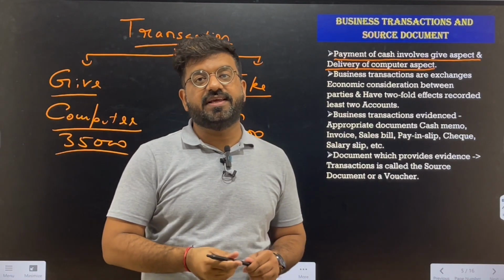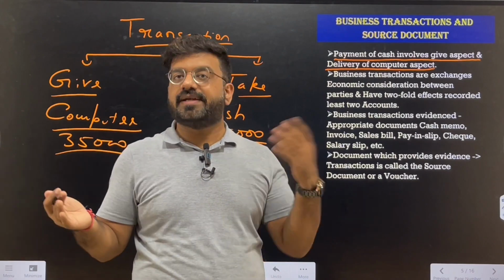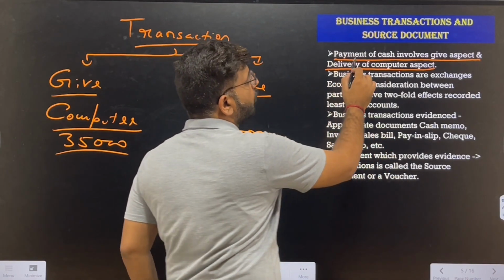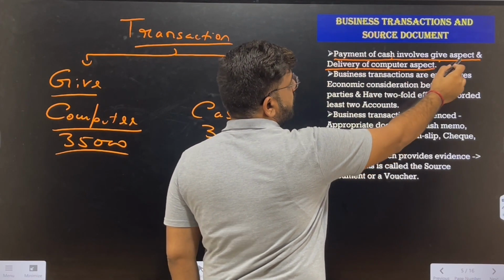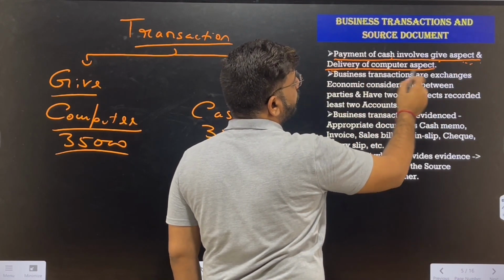So these are basically the two aspects, give and take. It has been written there: the payment of cash involves the give aspect and delivery of computer is the take aspect as concerned with that customer. There are two persons involved. If I talk about the shopkeeper, the give and take will be just opposite as compared to the customer.